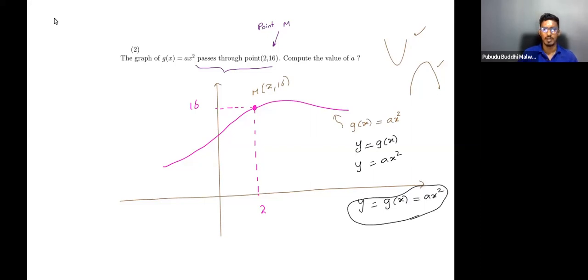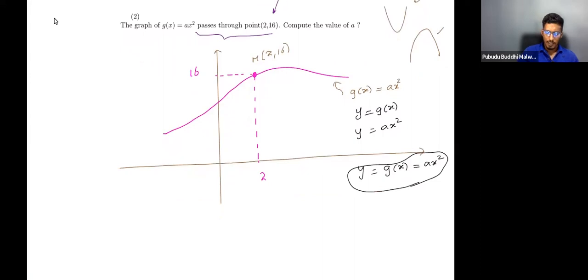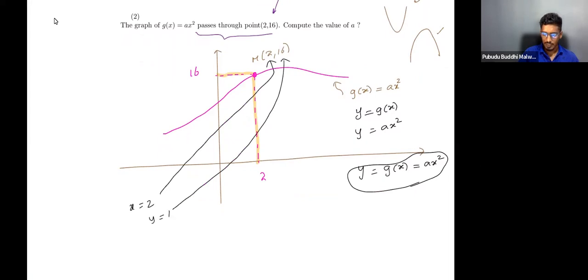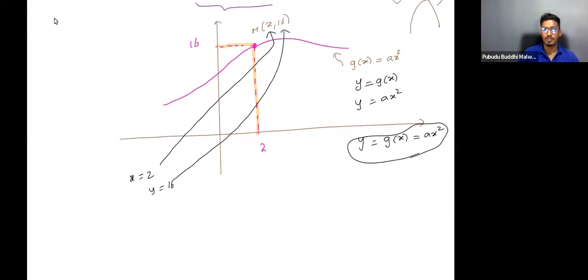You can use that, because they are the same thing, just different notations. Then the key here is when x equals 2, y equals 16. So let's use that for this problem.